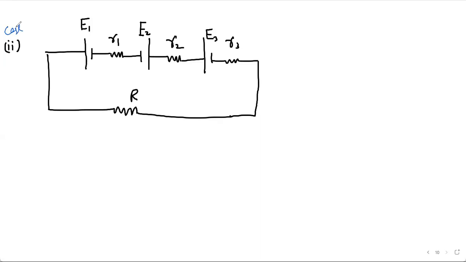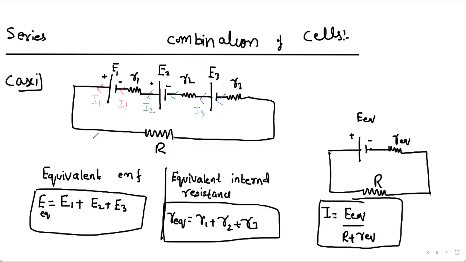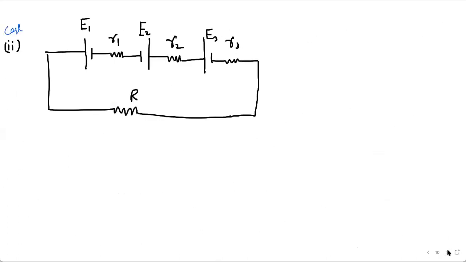Second cell is inverted, because it has opposite polarity. In the first circuit, as you can see, all cells have the positive terminal to the left and the negative terminal to the right. But here the polarities are mixed. So for this, we take any one polarity as positive and another polarity as negative.